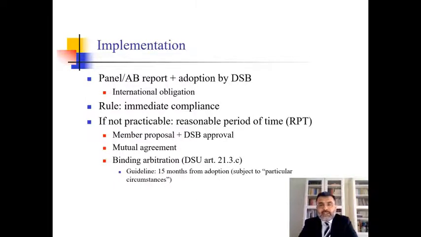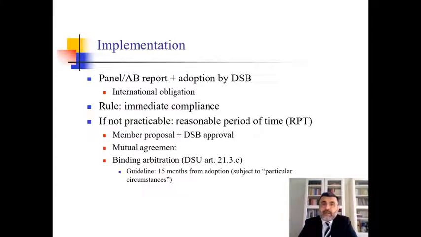In most cases, however, this doesn't really happen because it's not realistic. Why? Because typically WTO members, the respondents, they need some time to figure out how to implement those findings and recommendations. So they need time and they seek time. This is called a reasonable period of time. The respondent will seek and get a reasonable period of time.